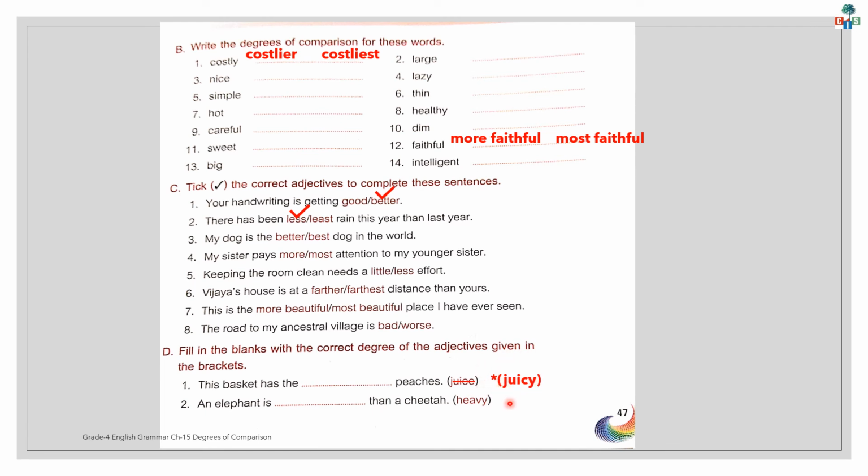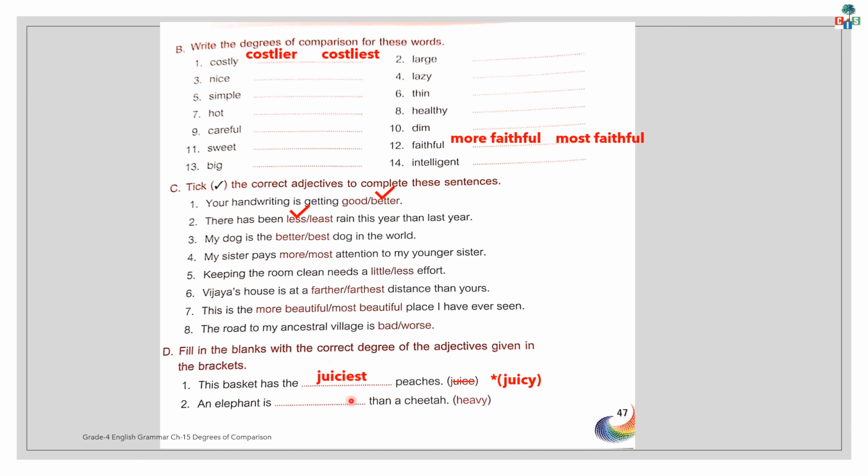Change the bracket. Do it juicy. And in the first blank, the is given. If the word the is given, it means we have to use the superlative degree. So what will be the superlative degree of juicy? Juiciest. Yes. So this basket has the juiciest peaches.